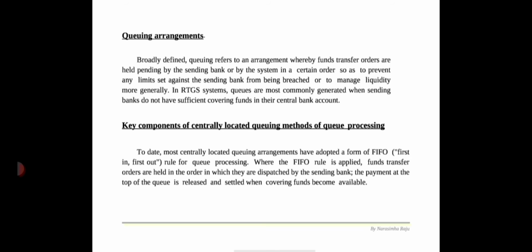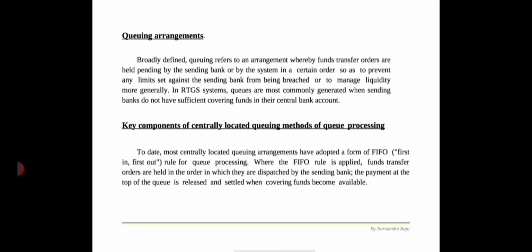Where the FIFO rule is applied, funds transfer orders are held in the order in which they are dispatched by the sending bank, and the payment at the top of the queue is released and settled when covering funds become available, and only then is the payment behind it in the queue considered for settlement. Some systems apply variations of the strict FIFO rule.